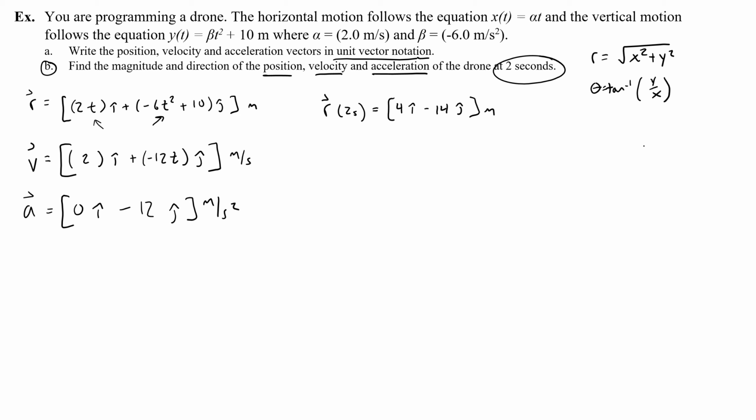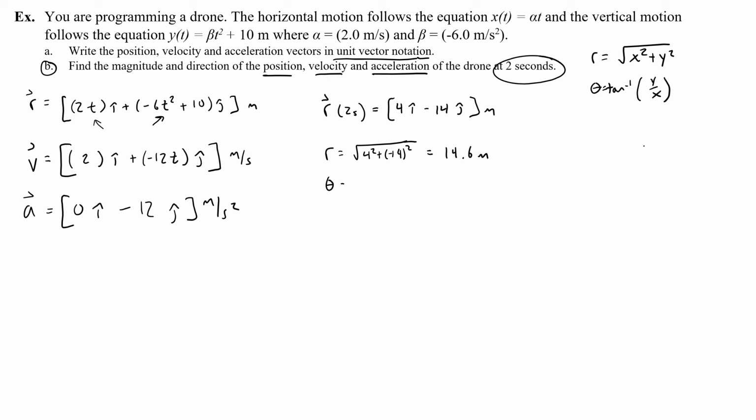Okay, so that's my position vector at 2 seconds. To figure out what the magnitude of that is, I would say the square root of 4 squared plus negative 14 squared, which is going to give me 14.56. We'll say 14.6.